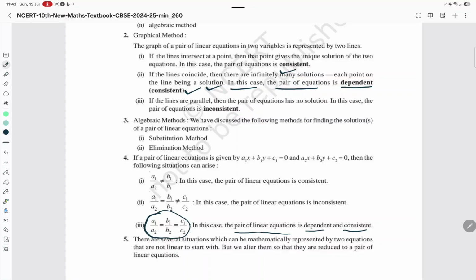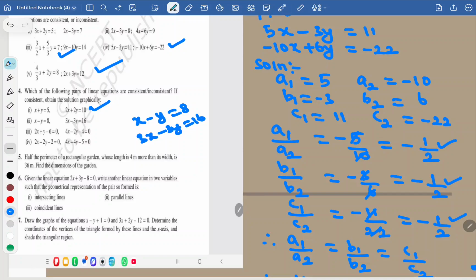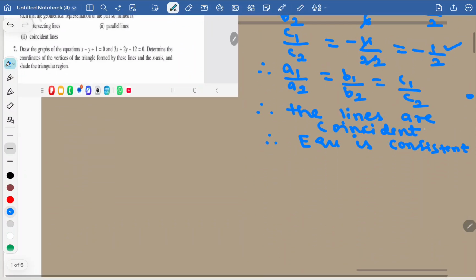Because all the ratios are equal, we can say it is a coincident line. Once it is a coincident line, we can say the pair of linear equation is dependent and consistent. For the fourth subdivision, lines are coincident, equation is consistent.